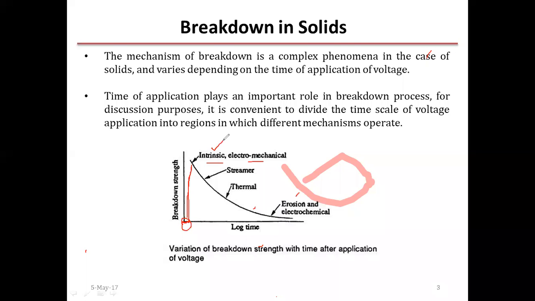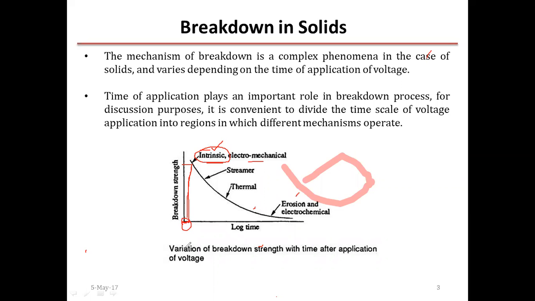Intrinsic means if the breakdown occurs for this very small amount of time the voltage is applied, and still a breakdown can occur despite having the higher dielectric strength. So this breakdown may be due to a manufacturing fault.